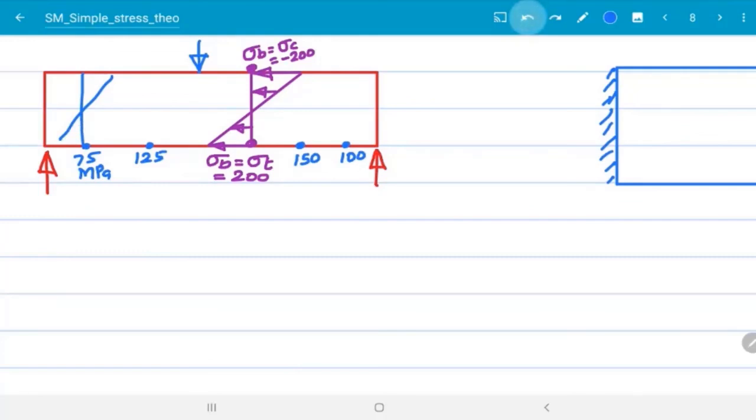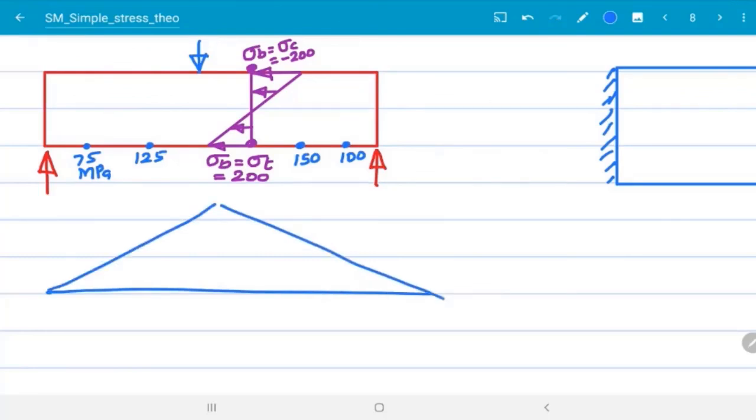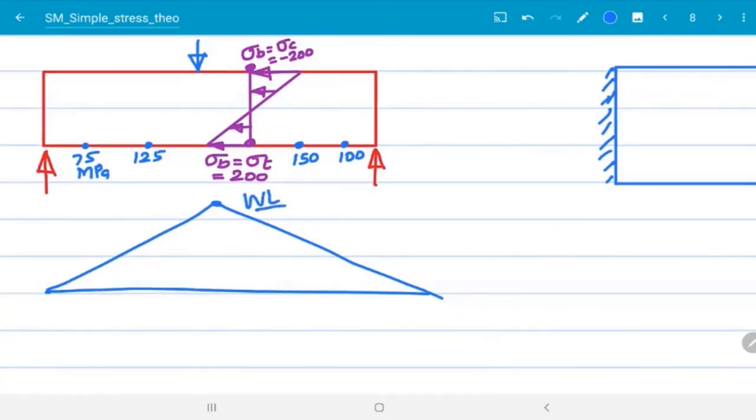So it depends upon the given location. You can calculate the bending moment diagram. What is the bending moment diagram for this loading? A simply supported beam with a central point load. This is the bending moment diagram. What is the maximum bending moment for this condition? WL by 4 is the maximum bending moment, M max. With this M max, I have calculated the bending normal stress.